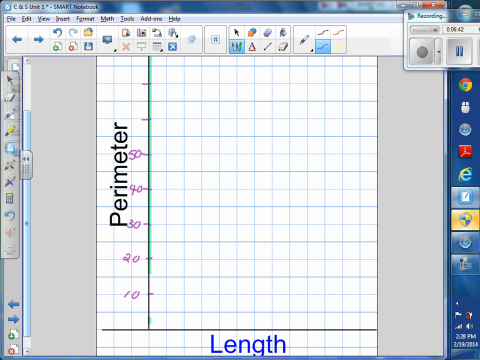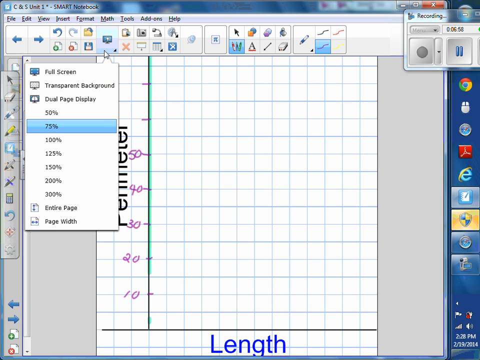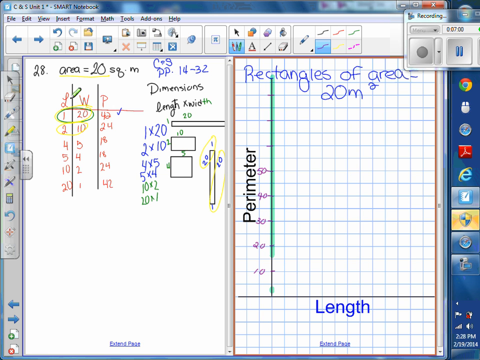I could spread it out more, but I don't have enough to count by 2s, and if I go up to 50, you could still see the top of the graph without me scrolling back and forth, so I'm going to stick with that. So I'm going to go back to 2 pages to see how big my biggest length is.